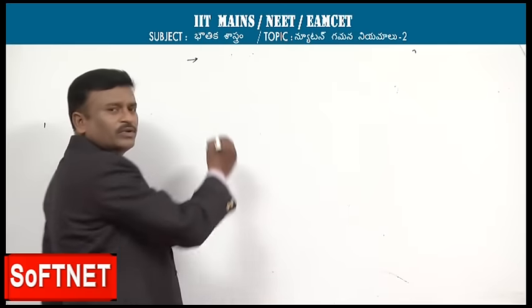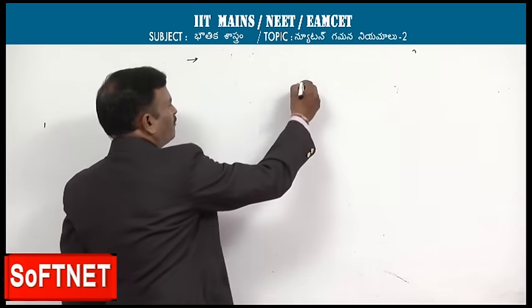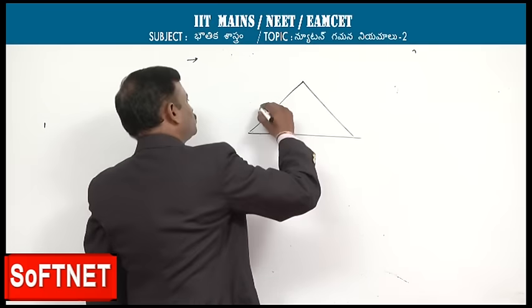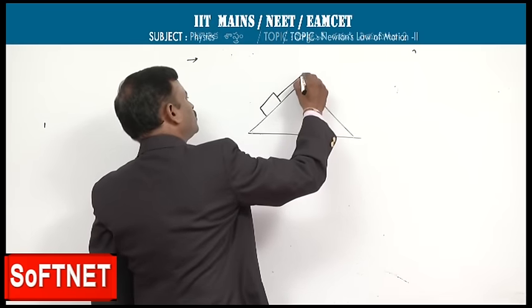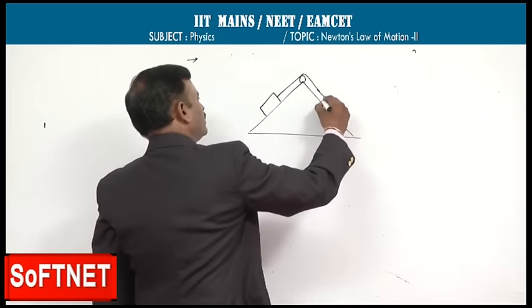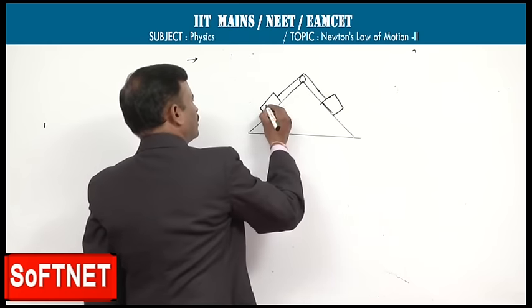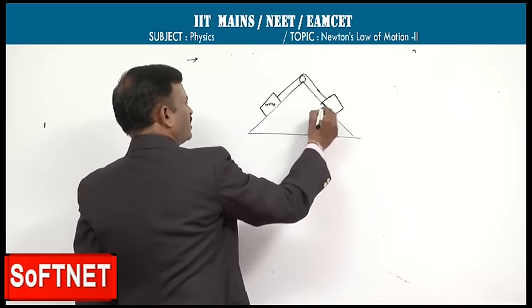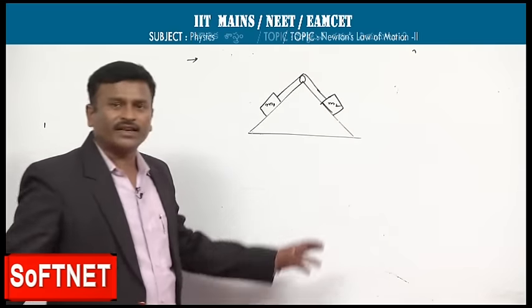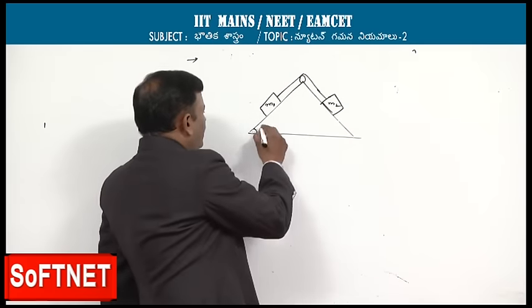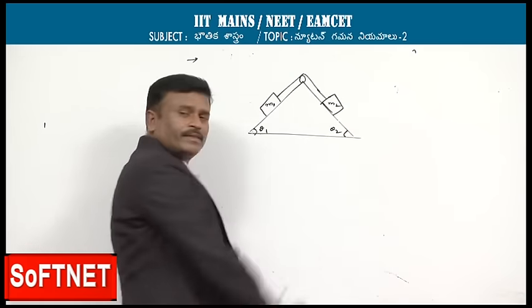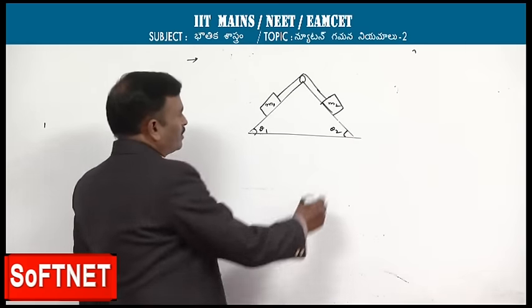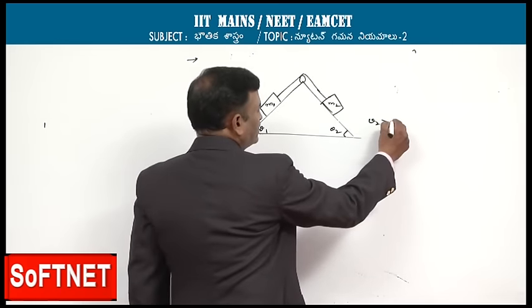Now the next model of connected bodies: two bodies passing over a pulley on two inclines. Here it is m1, it is m2, with angles theta 1 and theta 2. Assume theta 2 is greater than theta 1.